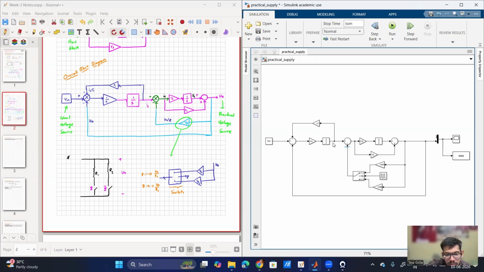Then there is another summer from which V0 by R is being subtracted. Then we have 1 by C, then 1 by S to get VC. Then R2 into I2, IC is getting added to give V0. Now V0 is being fed back to 1 by R1 as well as 1 by R2, and there is a switch. If this is on, then 1 by R1 will go, else 1 by R2 will go. So this is my 1 by R1, this is my 1 by R2.